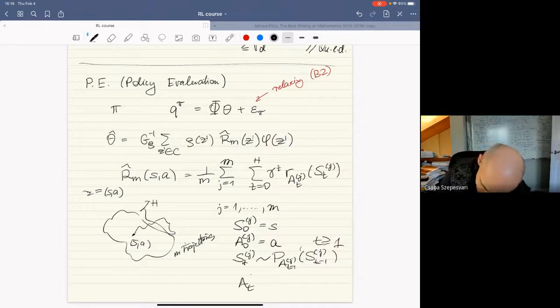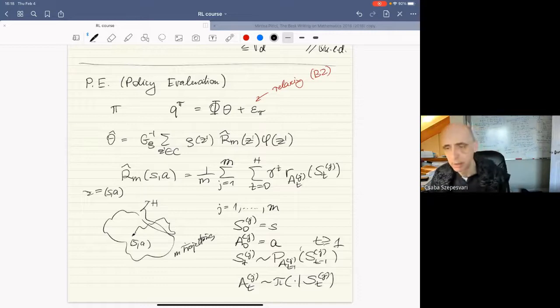And the actions are chosen according to this policy. And this policy could be stochastic. If you are taking greedy policies, most likely the policy that you're going to follow is going to be deterministic. So this will be very easy.